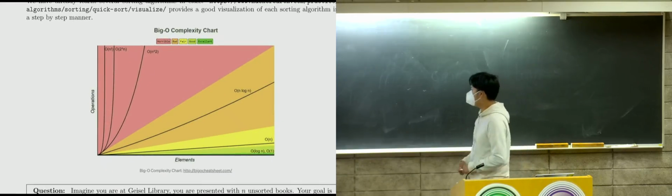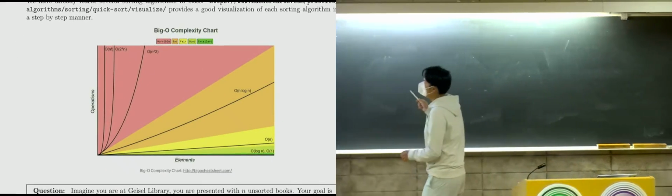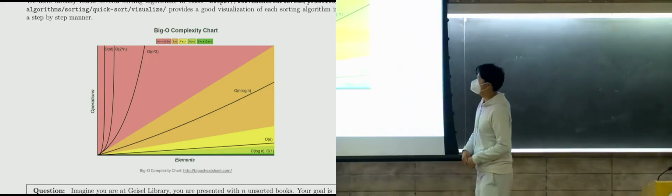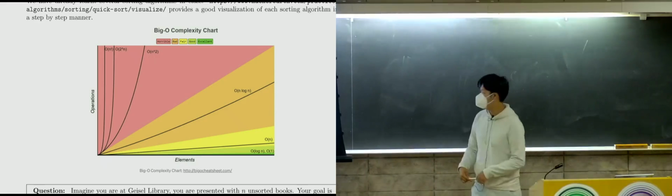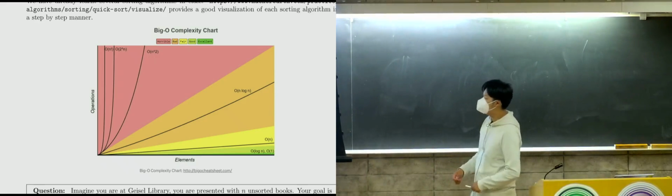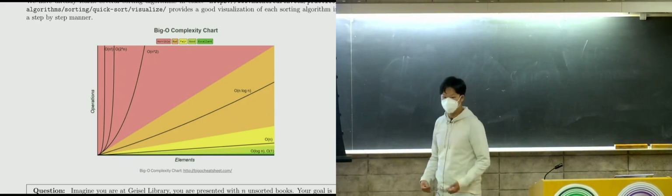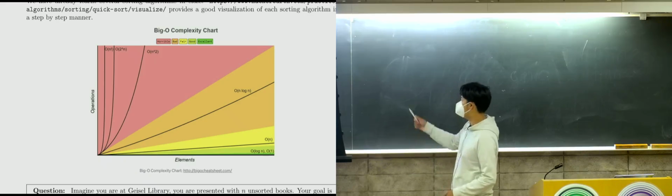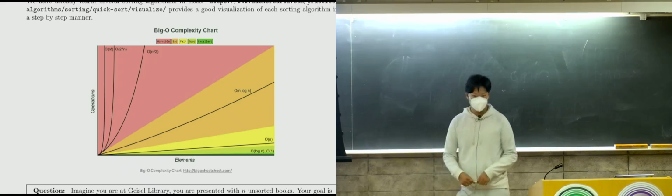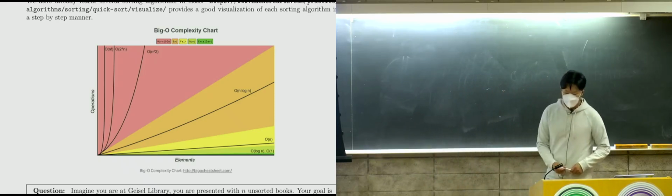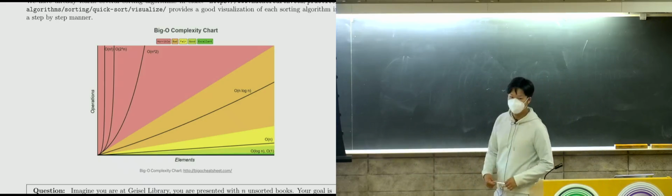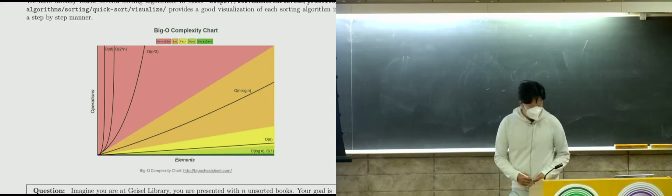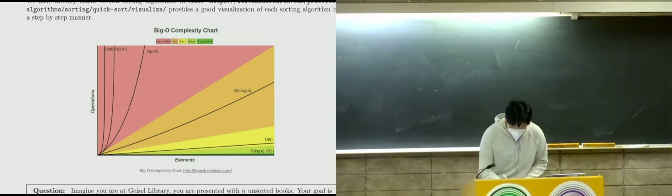And I really like this picture. It's a big old complexity chart. Sometimes it might be confusing, right? What is the meaning of O(n squared)? What is the meaning of O(log n)? What is n log n? This graph shows you the ranking, so the worst is n factorial here.